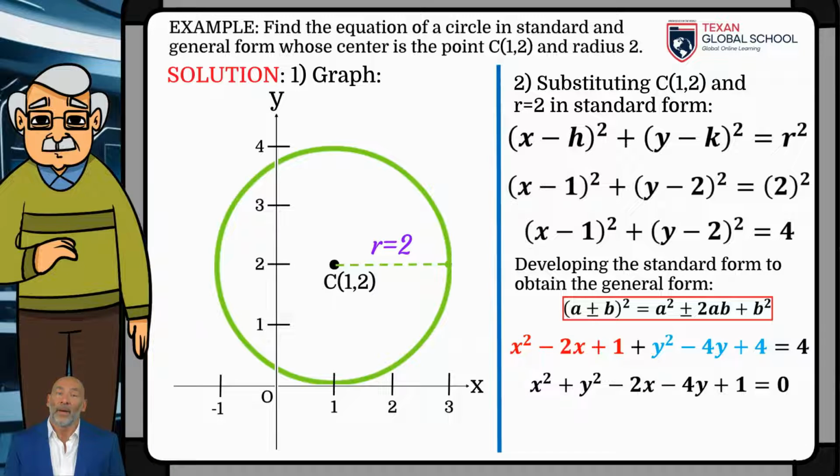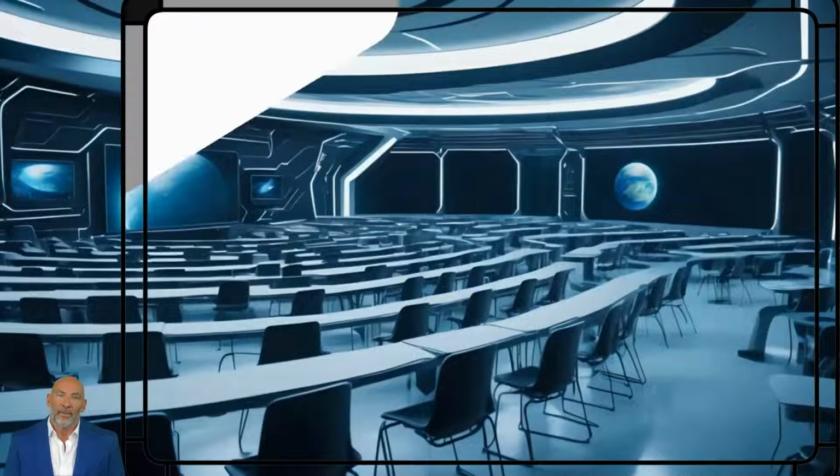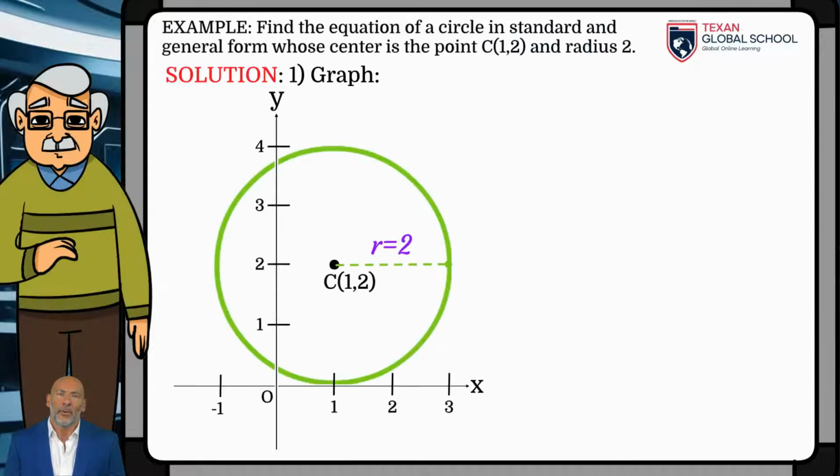Developing the square of a binomial, we obtain x squared minus 2x plus 1, plus y squared minus 4y plus 4 equals 4. Grouping quadratic and linear terms and simplifying like terms results x squared plus y squared minus 2x minus 4y plus 1 equals 0. This is the equation of the circle in general form.